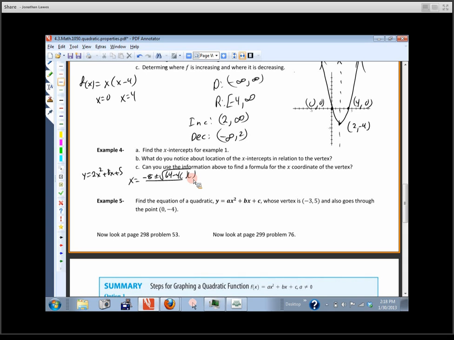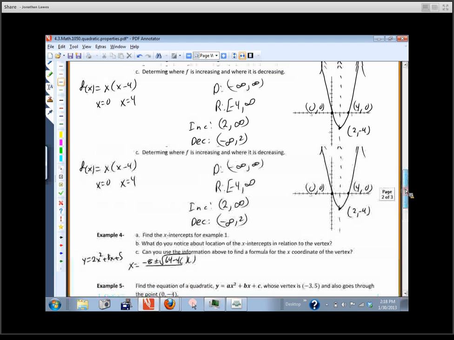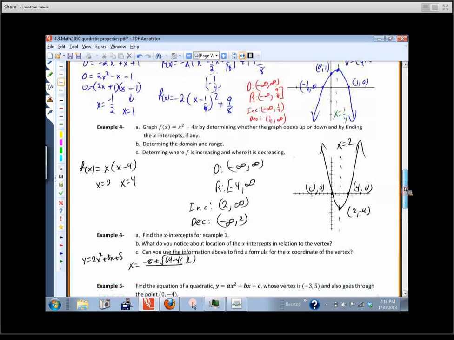That's the x coordinate of the vertex. That is the x coordinate of the vertex. It's not a mystery. It comes from the quadratic formula.